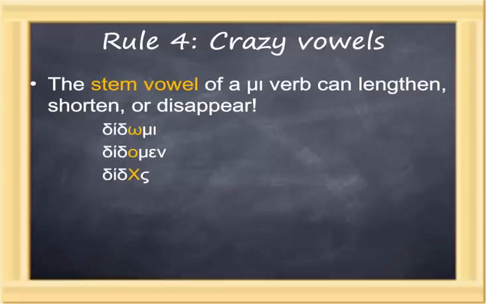We've got iota reduplication and a sigma, that's second person singular. This is the reason, frankly, back with the thematic verbs, that we had you memorize the personal endings and not the personal endings with the connecting vowels, because it helps you now. Remembering those connecting vowels provides dissonance with the mi verbs, which don't have them in the present active indicative.